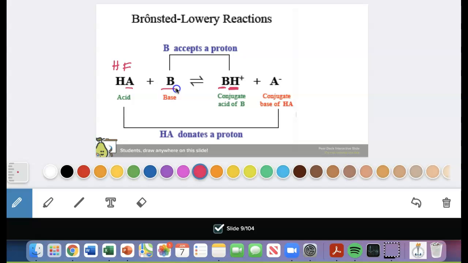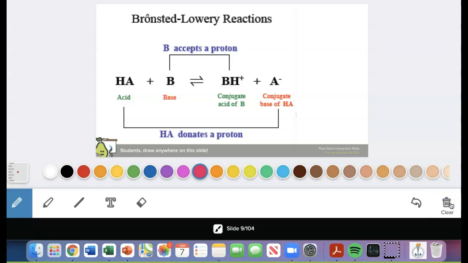Now, since the base was neutral and the hydrogen is +1, it becomes BH plus 1. Whereas the acid has lost the hydrogen ion. Look, this had a hydrogen ion on it, and now it doesn't. Well, if you lose a plus 1 charge, you become minus 1, okay?